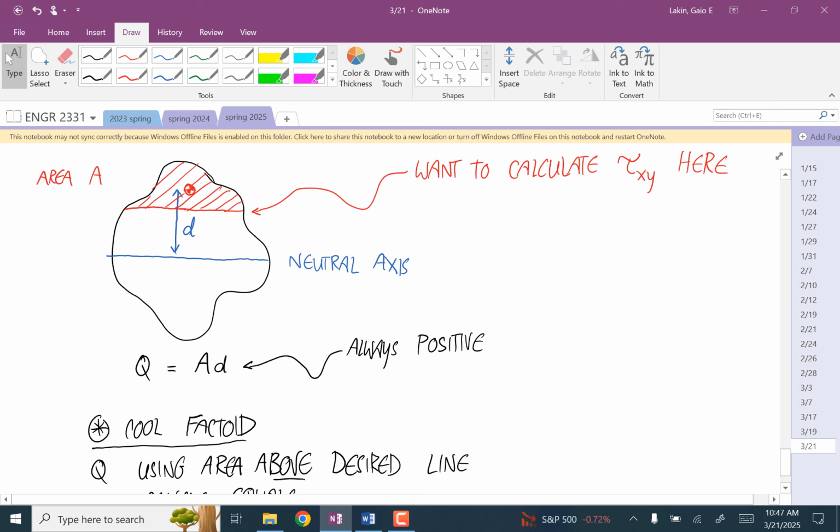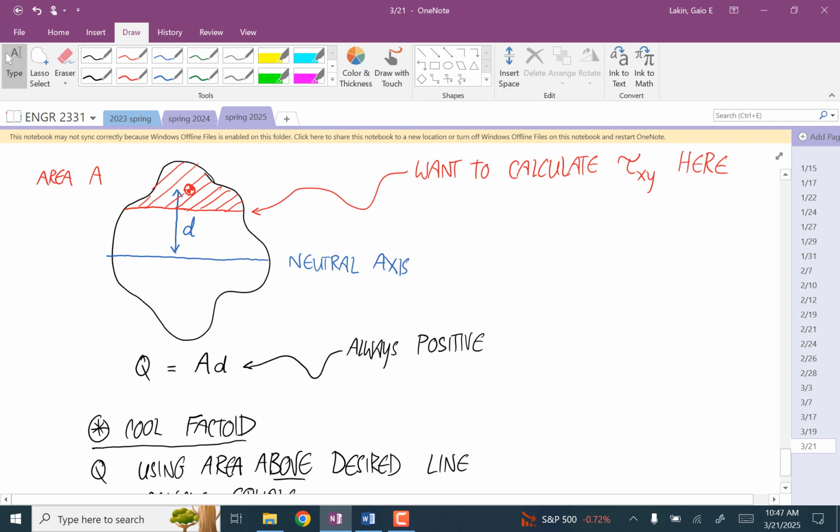Would the D then be still up to that upper centroid? No, it would be to the centroid of the lower one. Okay, so you can just do like any cross section? So there's always a line where you want to find the values, and that's this.